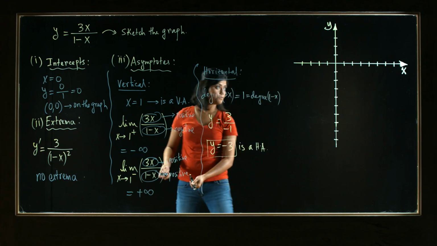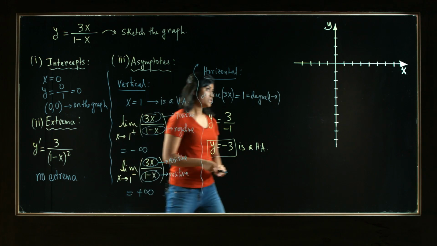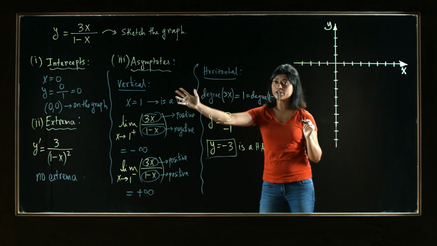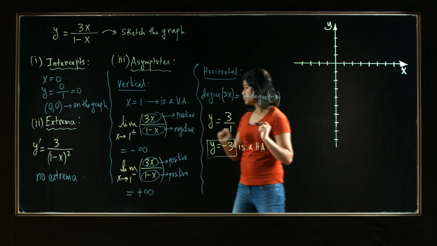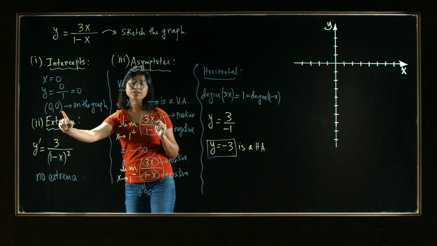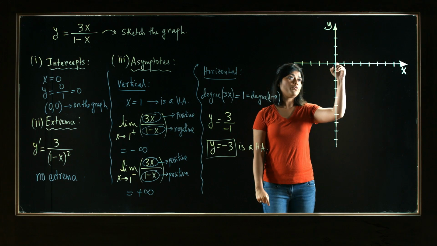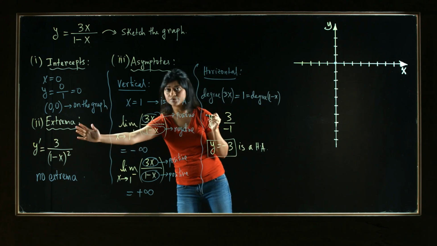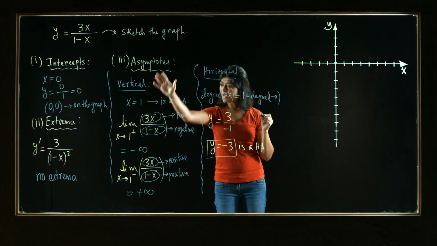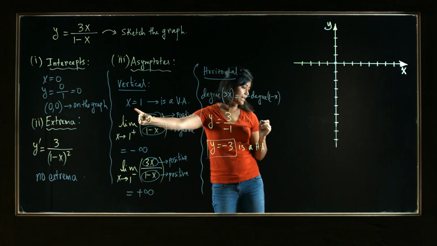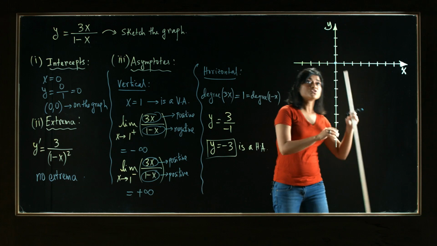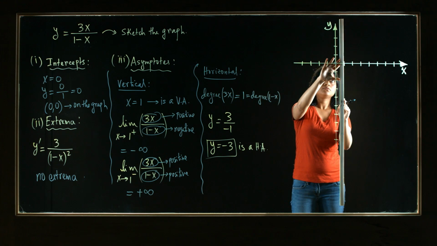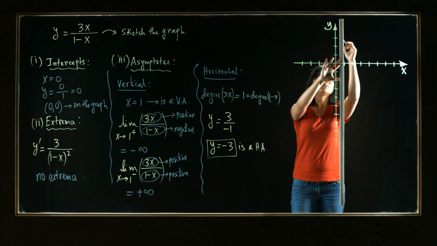Okay, so with all this information, let's go to a graph and try to sketch it after plotting all this various information down. First, we have the intercept, and we know that the origin is a point on the graph. Next, we know there is no extrema, so we don't have to worry about that. For asymptotes, we have a vertical asymptote at x equals 1, so let's graph that.